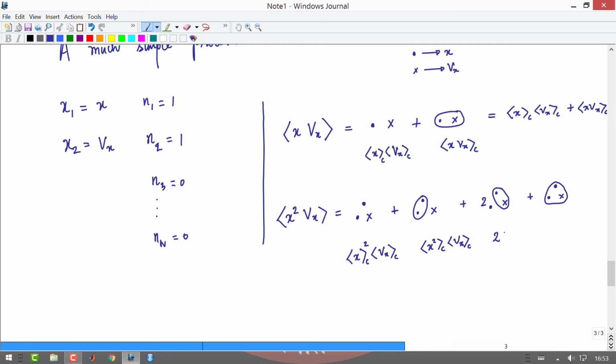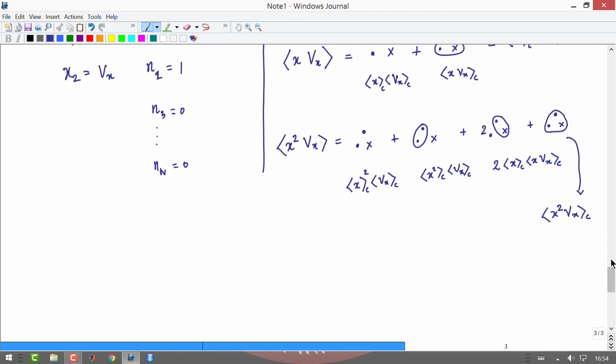The third combination is 2 times the dot-cross connection with the other dot alone, and the fourth combination is the fully connected one, which I'm going to write here. So that is basically the value for the joint moment of x square and Vx.